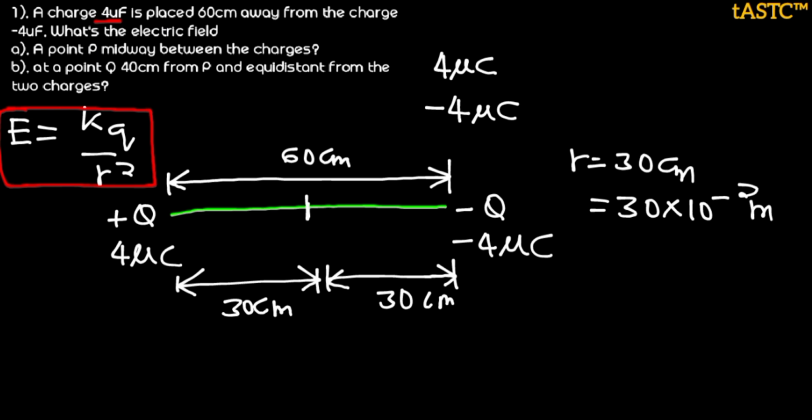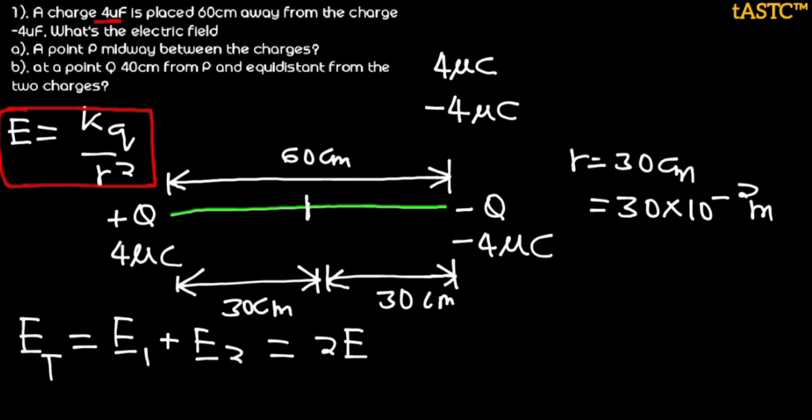So there is going to be a total electric field as a result of that. I'm going to write that as ET, and that will be equal to E1 plus E2. So that will be equal to 2 multiplied by E. That is because E1 is going to be equal to E2, because we have 4 microcoulombs here as well. Now, even though we got a negative there, that is not actually magnitudinal.